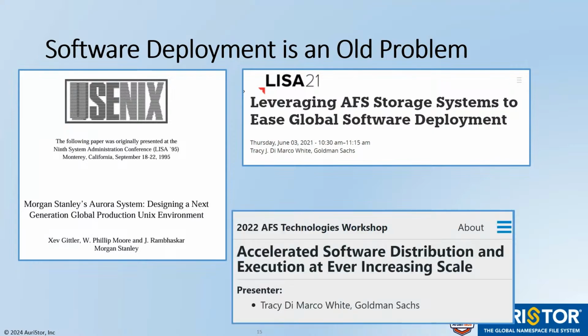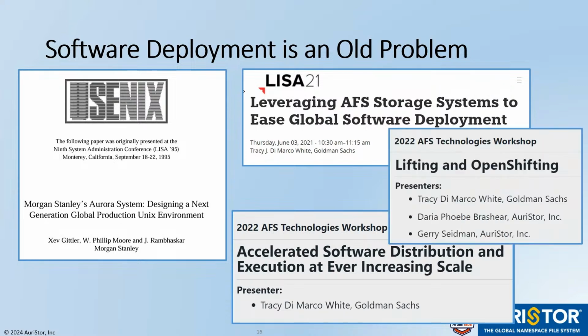And a year later, another talk on accelerating software distribution and execution at ever-increasing scales. Because again, they're distributing to hundreds of thousands of machines, but even if you're distributing to just a few hundred machines, it's still an issue. Even a handful of machines, it can be an issue if you need fast starting.